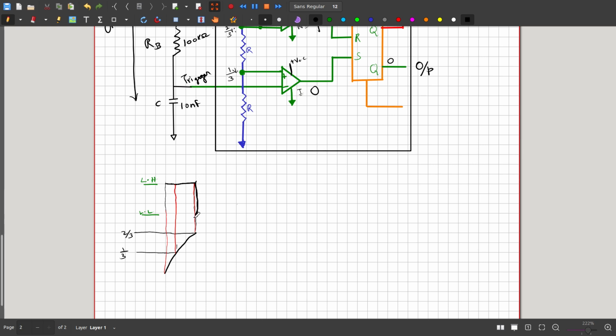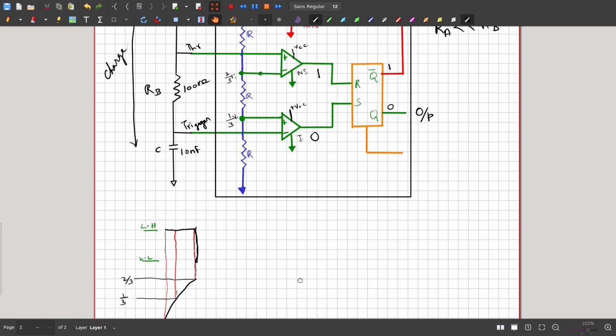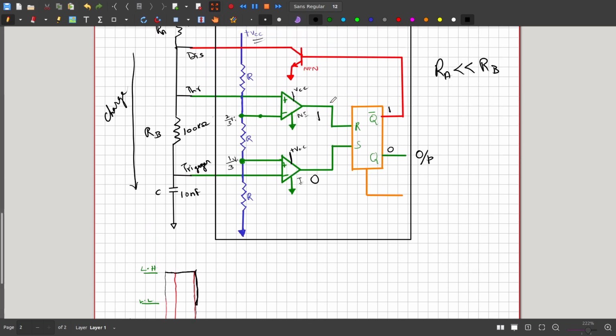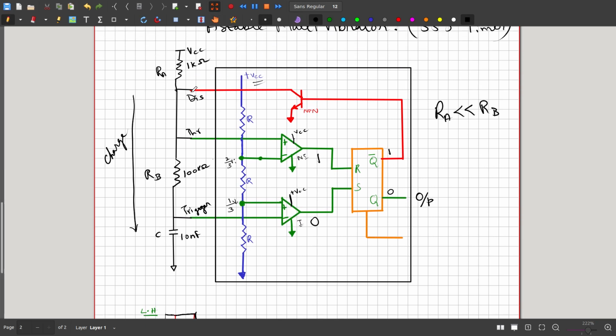So the output becomes 0, and since this pin becomes high, Q bar is high, therefore this transistor is switched on and this point is connected to ground.